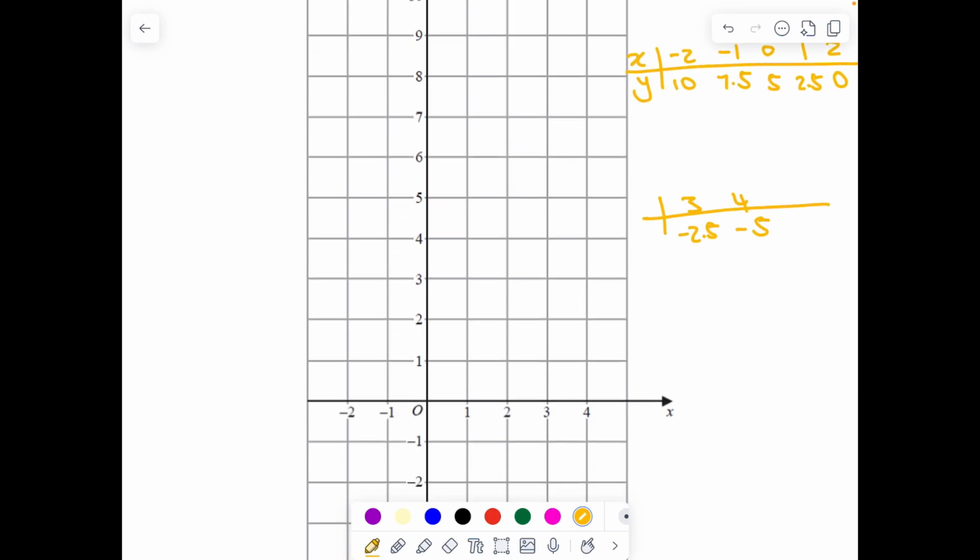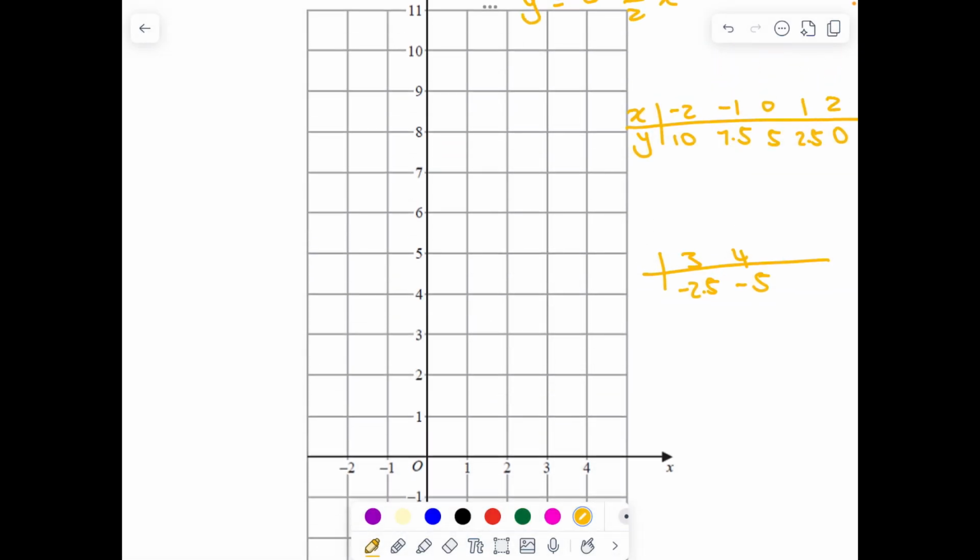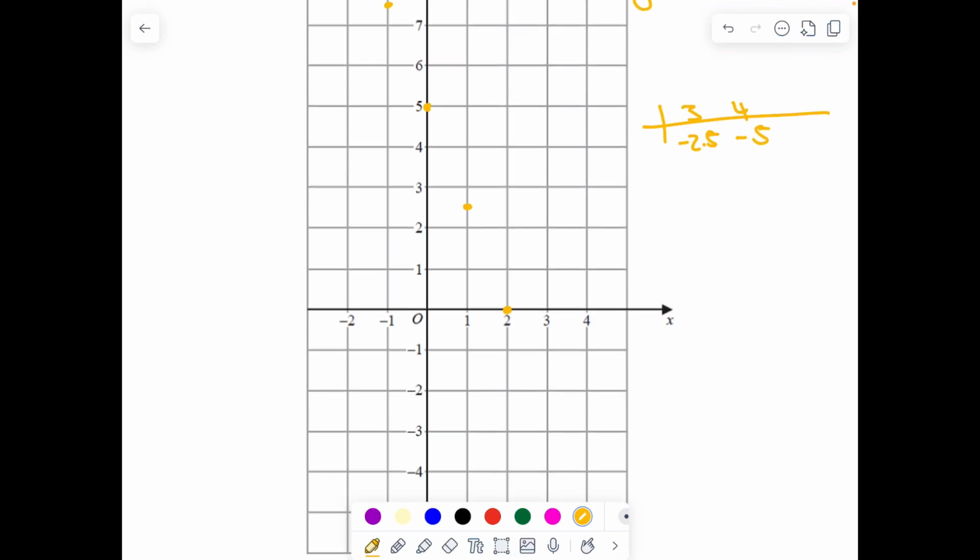So then I plot my points. Minus 2, 10 is here. Minus 1, 7.5 here. 0, 5. 1, 2.5. 2, 0. 3, minus 2.5.